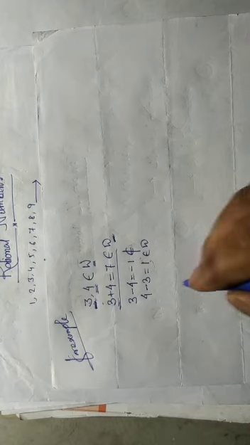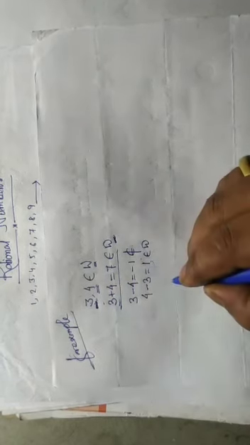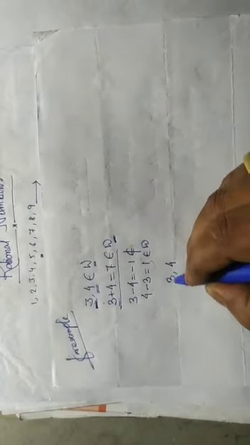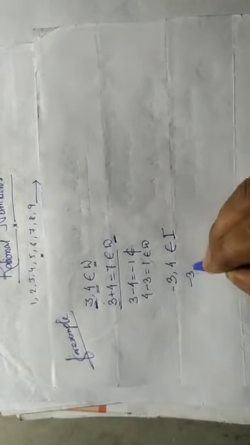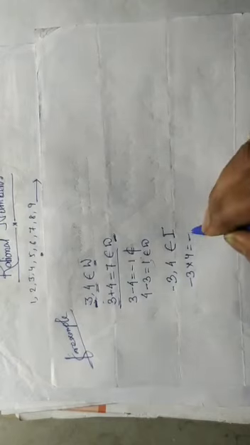Now again, if we take any two integers and add or multiply them, then the result is again an integer. But in case of division, the result may or may not be an integer. For example, if we take 3 and minus 4 from integers and multiply 3 into minus 4, then what is the result?